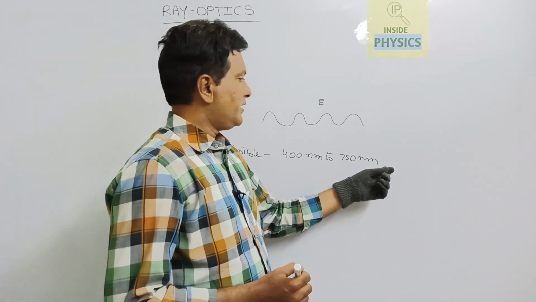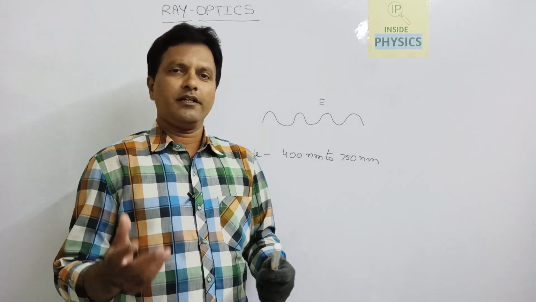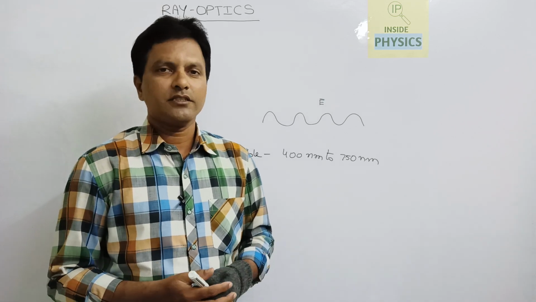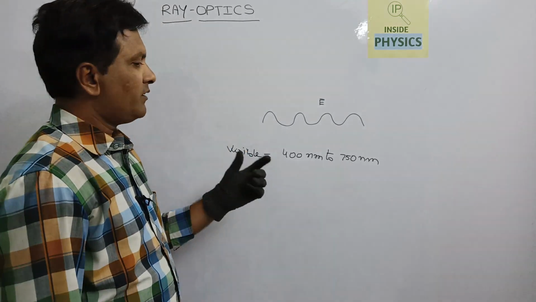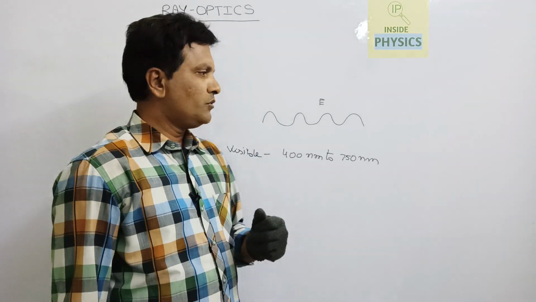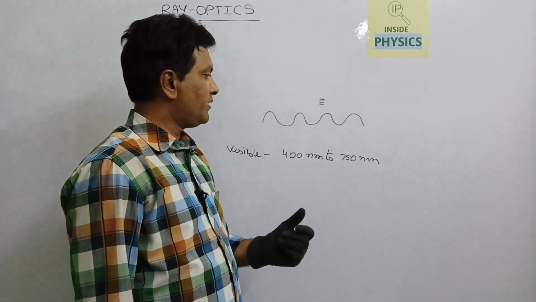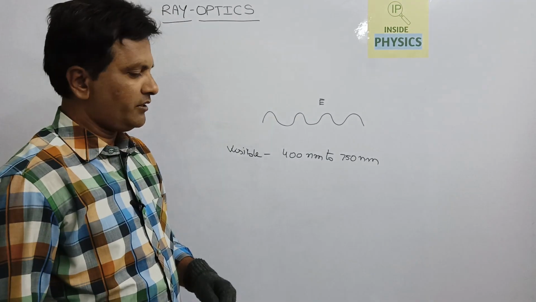Beyond 750 nanometers or below 400 nanometers, there are radiations, but we cannot see them. Our retina is sensitive to radiation between 400 and 750 nanometers.